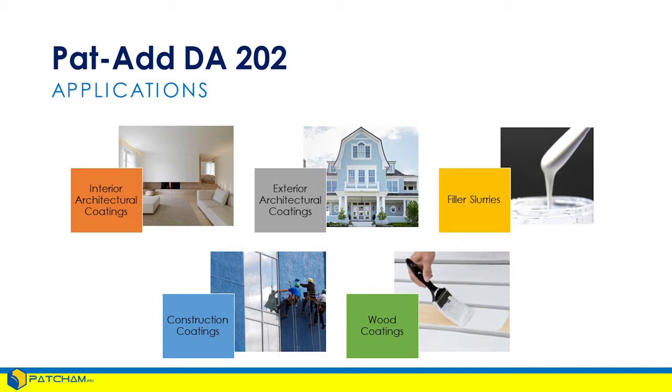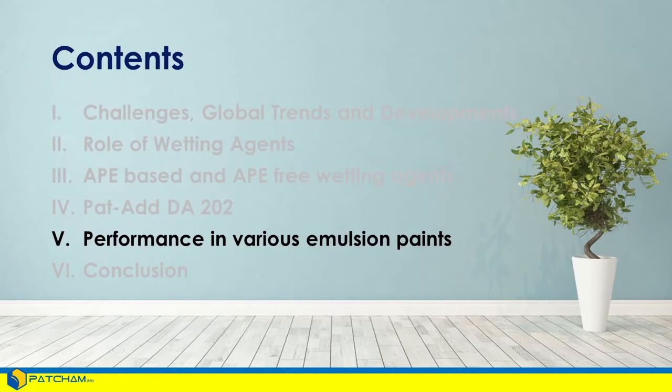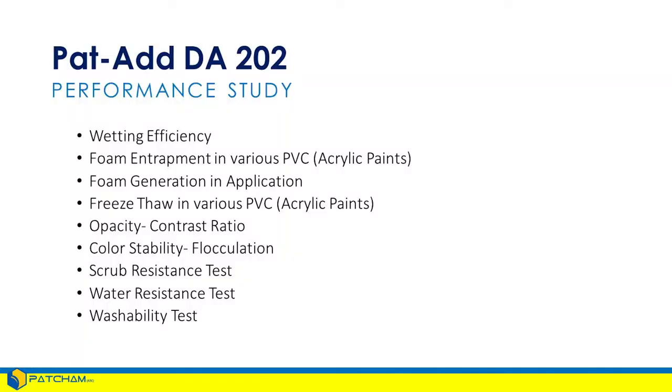The benefit of the DA202 is greater resistance to dehydration. So it slows down the drying just enough to give you this additional molecular spacing benefit. And so let's look at what its improvement is. We're going to look at wetting efficiency. We're going to look at the amount of foam in various PVC paints.